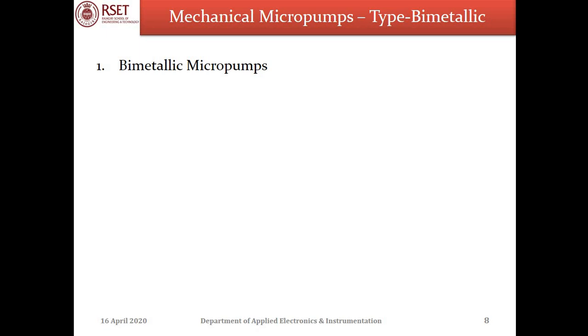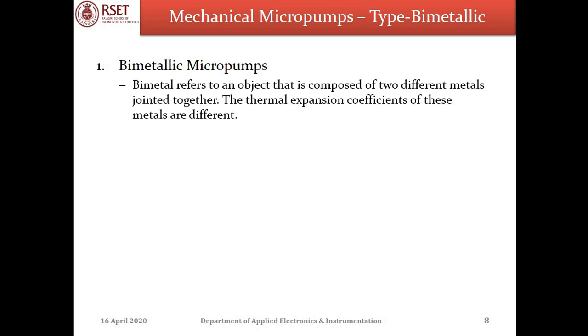Now let me introduce a third type of mechanical micropump, which is based on bimetallic actuation. We have already dealt with bimetallic sensors, where we know that a bimetallic sensor is constructed with two different metals joined together, and their thermal coefficients of expansion are different.